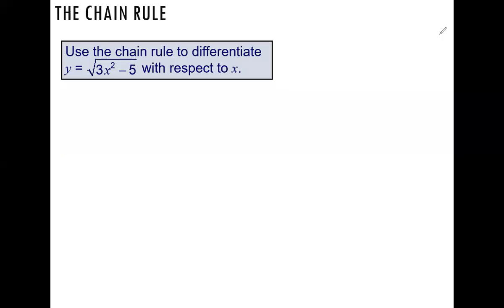Okay, so this will be the very final example on this aspect. We have y equals the square root of 3x squared plus 5, okay? And I guess by now, you know exactly what we are going to do. We'll let u be equal to what is under the square root, which is 3x squared minus 5.